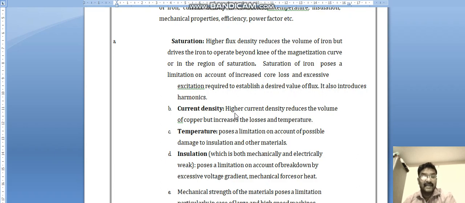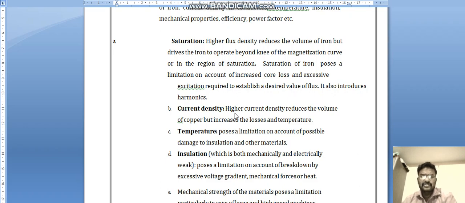Because of that, the machine itself is damaged. So insulation imposes a limitation on account of breakdown by excessive voltage gradient, mechanical forces or heat.